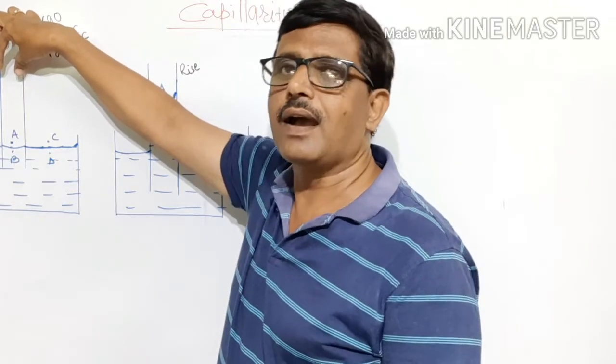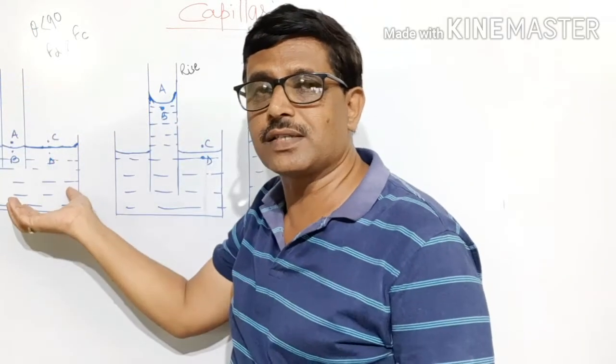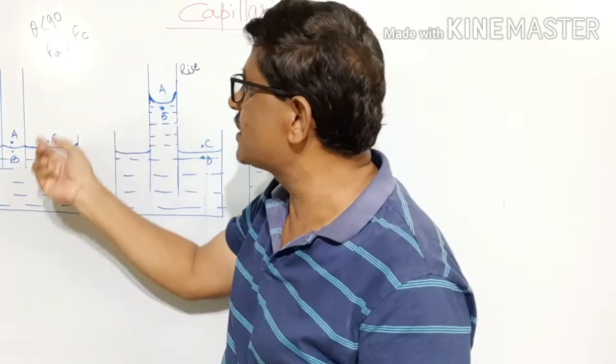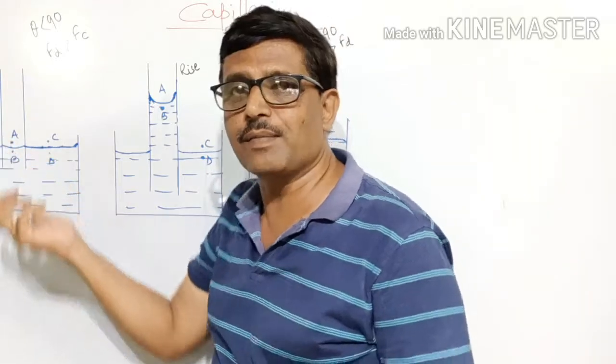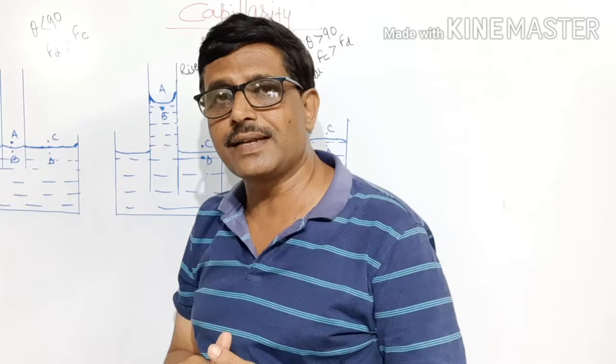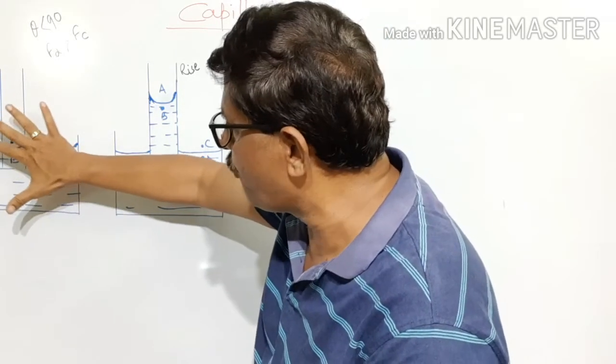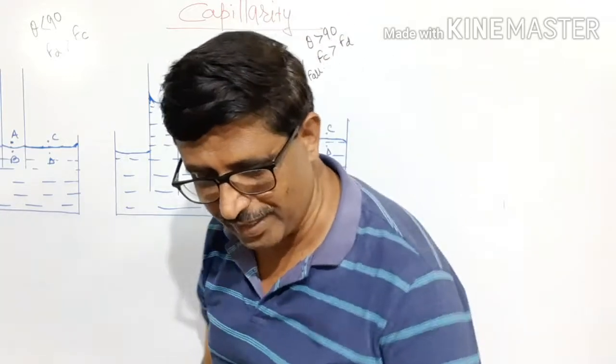Let it be a capillary tube of glass. It is immersed in a liquid which partially wets the solid. In this case, the liquid surface at the point of contact will be concave. Angle of contact is less than 90. And this is the condition before the liquid rises inside the capillary tube.